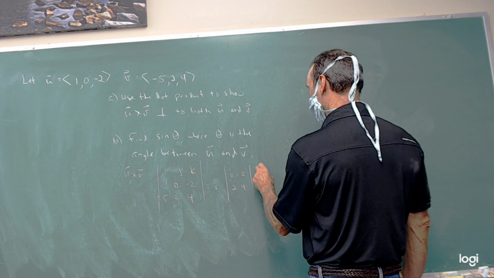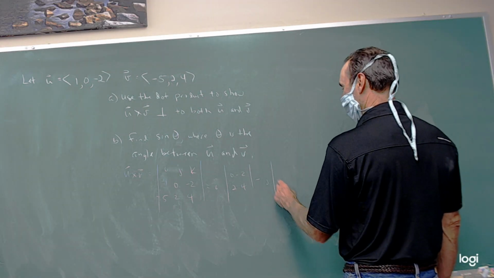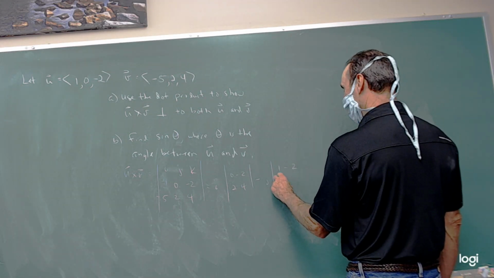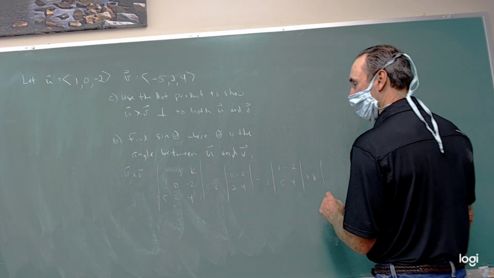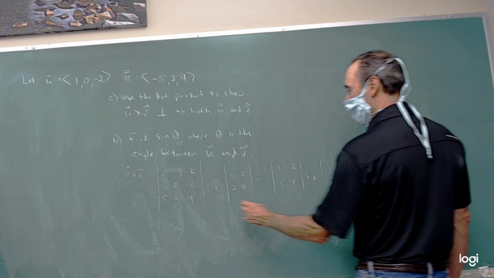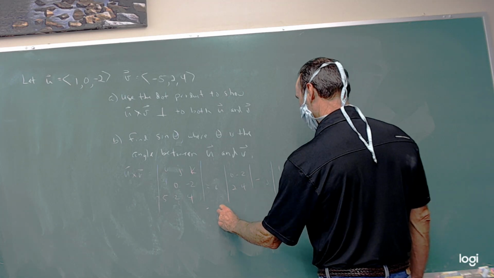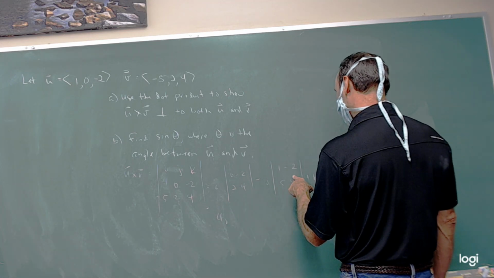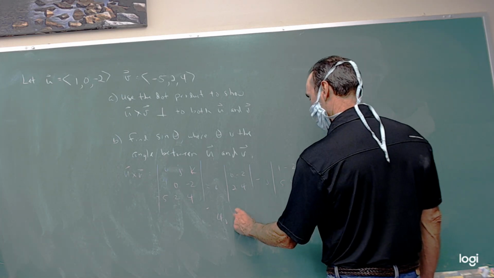I'm using a calculator, but I don't want extra work. 16 plus 36. Okay, so this is really just 3 square roots of 5.